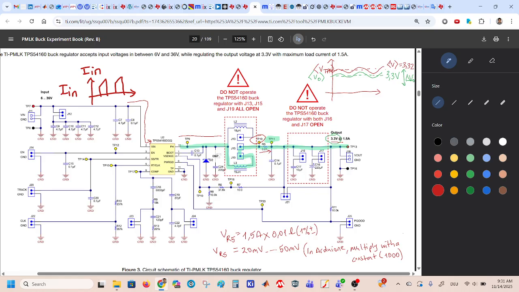This was the first idea, that we can measure these two test points.